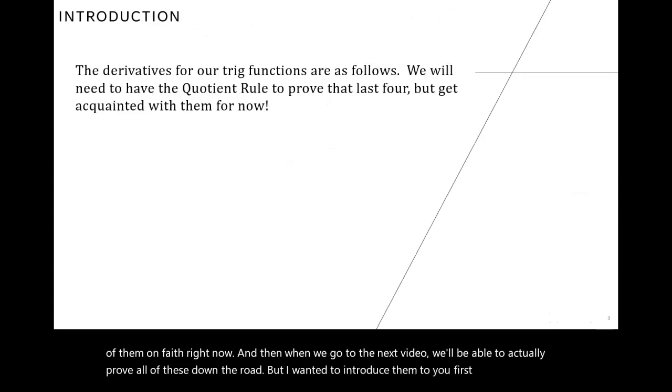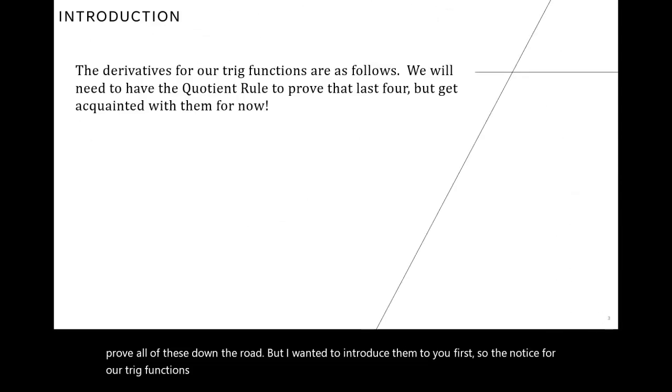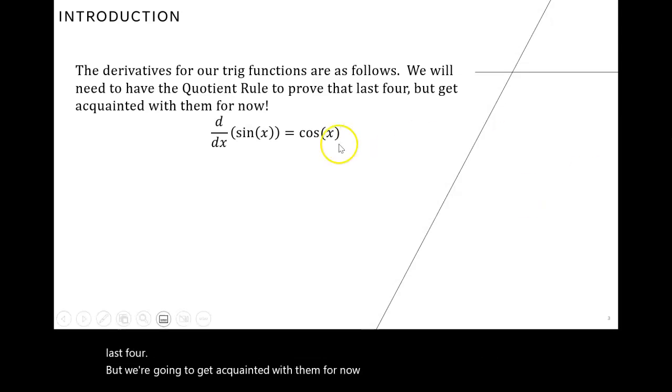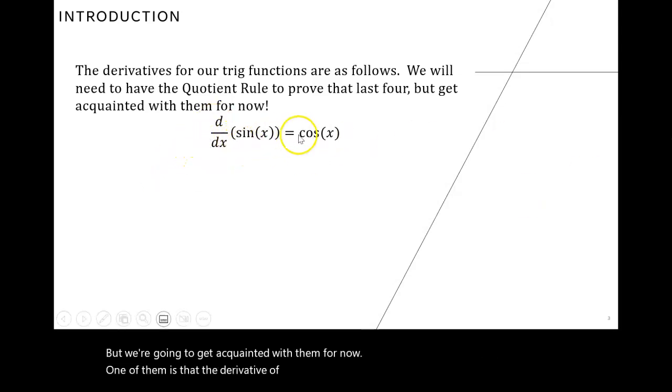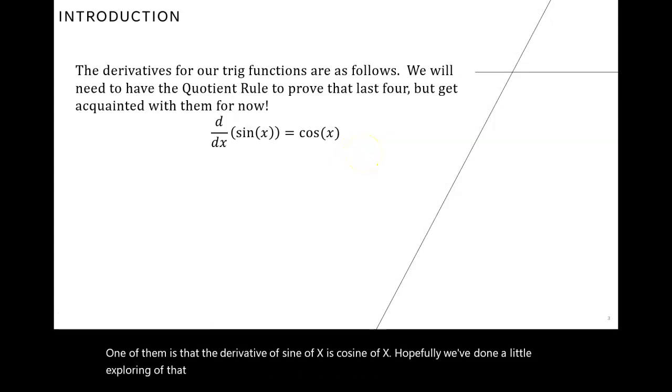So the derivatives for our trig functions are as follows. Like I just said, we need the quotient rule to prove the last four, but we're going to get acquainted with them for now. The derivative of sine of x is cosine of x. Hopefully we've done a little exploring of that and realize there's an amazing connection between the sine function and the cosine function.